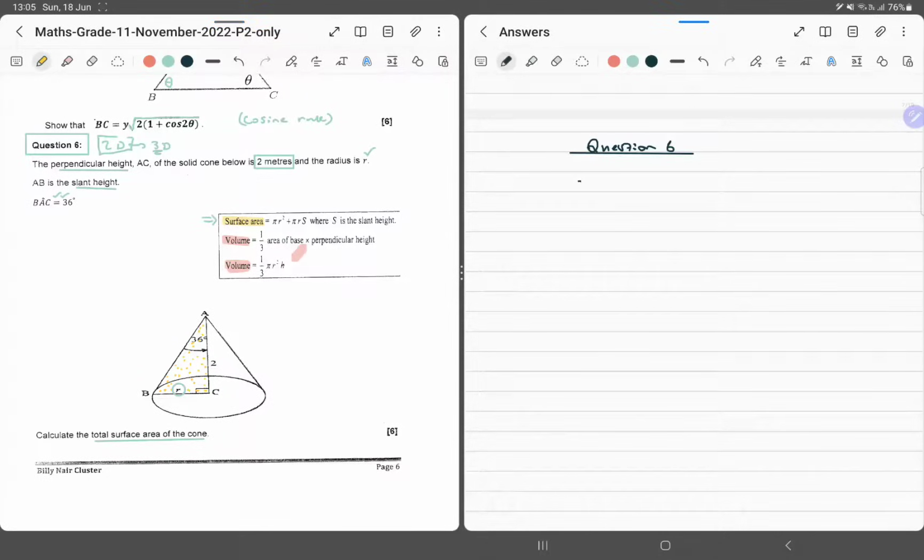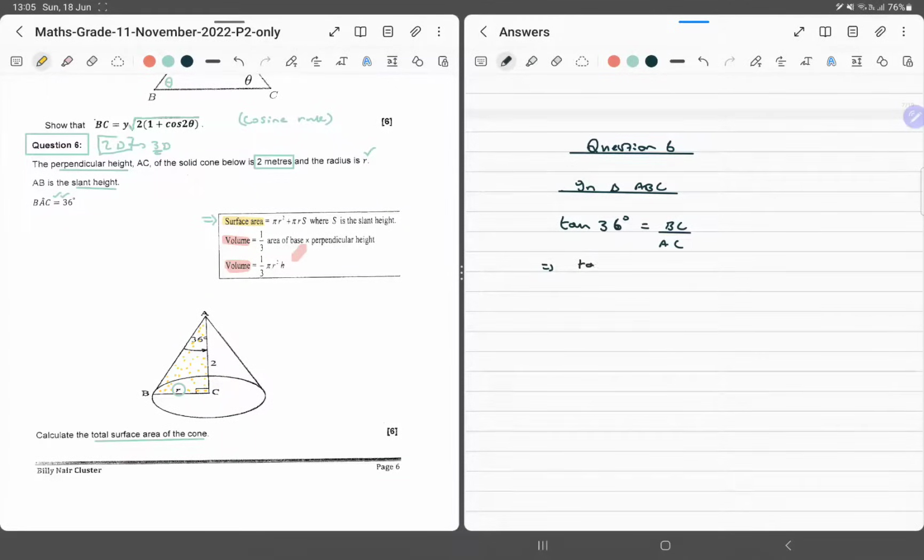So we can say now in triangle ABC, always state where you are so that you don't get confused. We wanted the opposite side, so this is tan 36 degrees. It's going to be the opposite, which is BC, over the adjacent, which is AC.